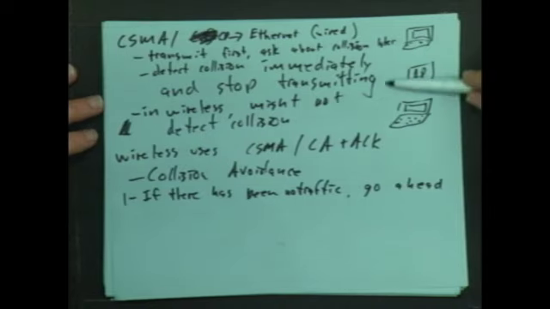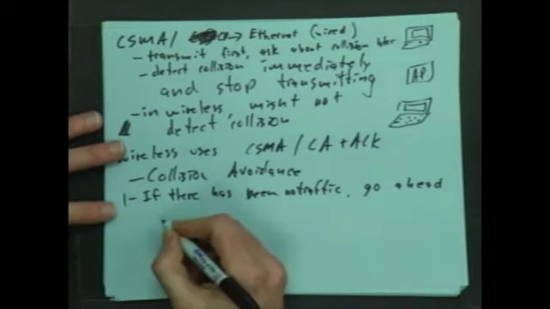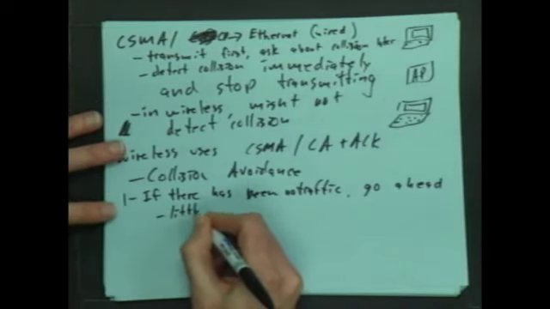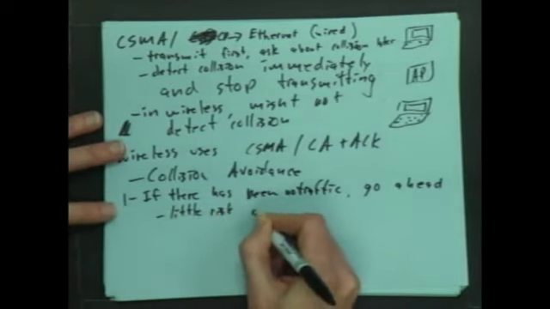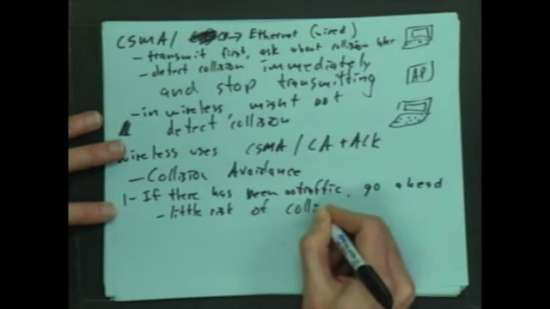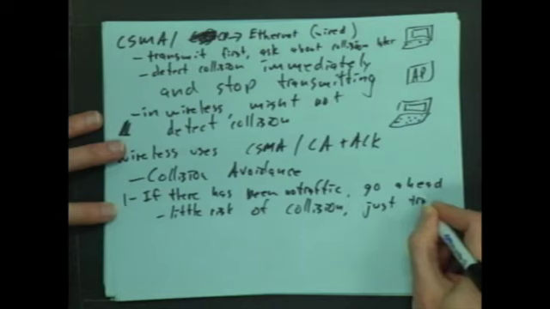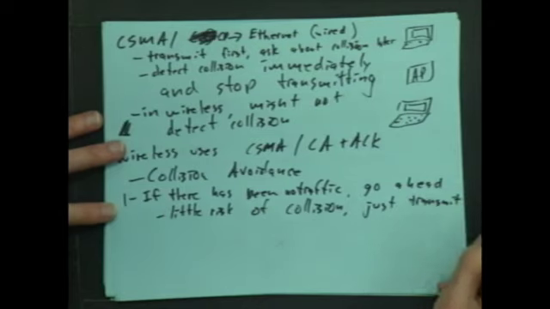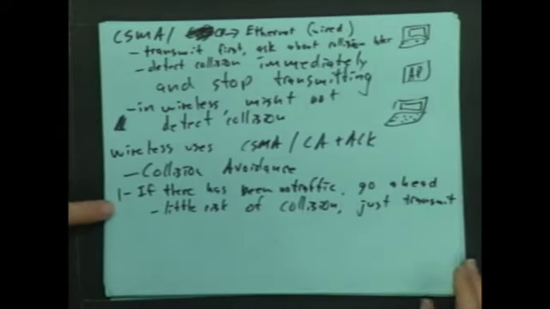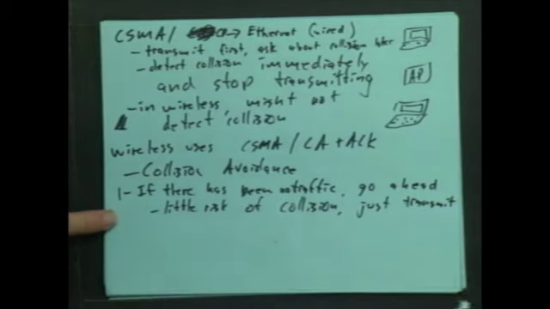So again, I haven't heard any traffic for a while, and therefore I'm going to assume I'm alone and it's okay to go ahead and transmit. So we'll put here little risk of collision, and then we will just transmit. All right? So that's if there's been no traffic at all. I'm just going to go ahead.